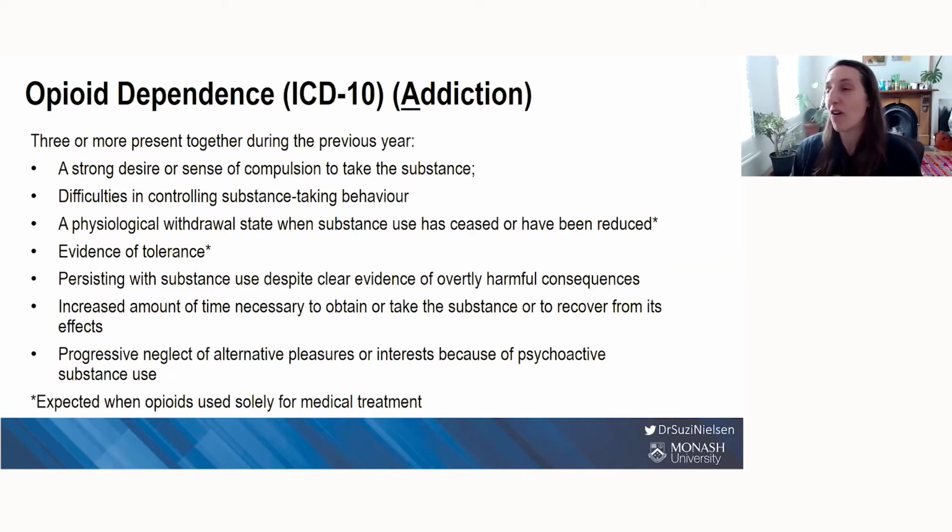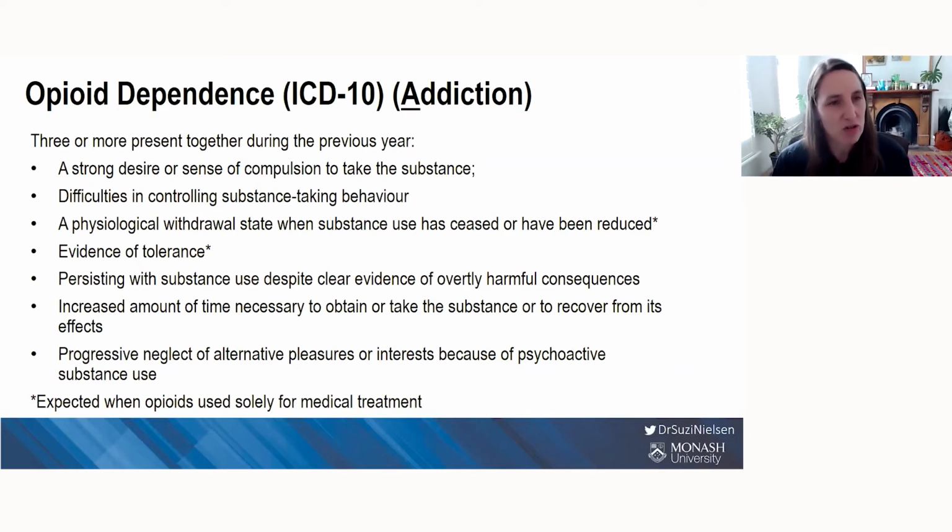In terms of addiction or opioid dependence, I think many people are probably familiar with this concept, but just to confirm in terms of how it's defined, to meet the criteria of opioid dependence, per ICD-10 criteria, it's meeting 3 or more of these criteria during the past year.